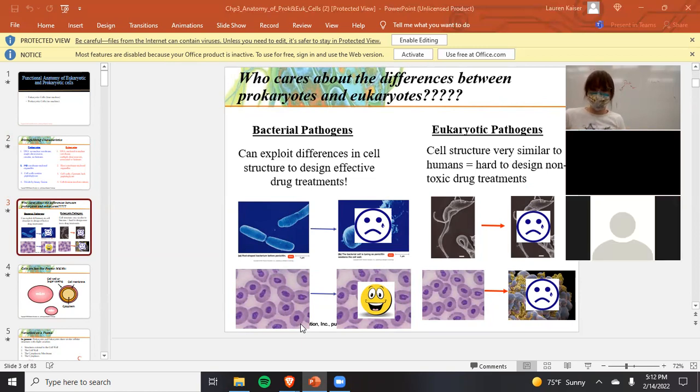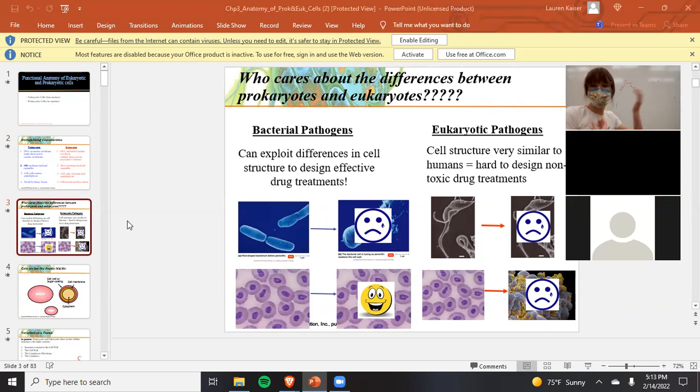Structures in the eukaryotic pathogens are similar to our own cells, so you can't really target things like the peptidoglycan cell wall formation. Yeah, exactly right. With bacterial pathogens, their makeup is so different from us that we can use that to our advantage and target them. That way we can lyse the cell wall, because what do we not have that they have? A cell wall.